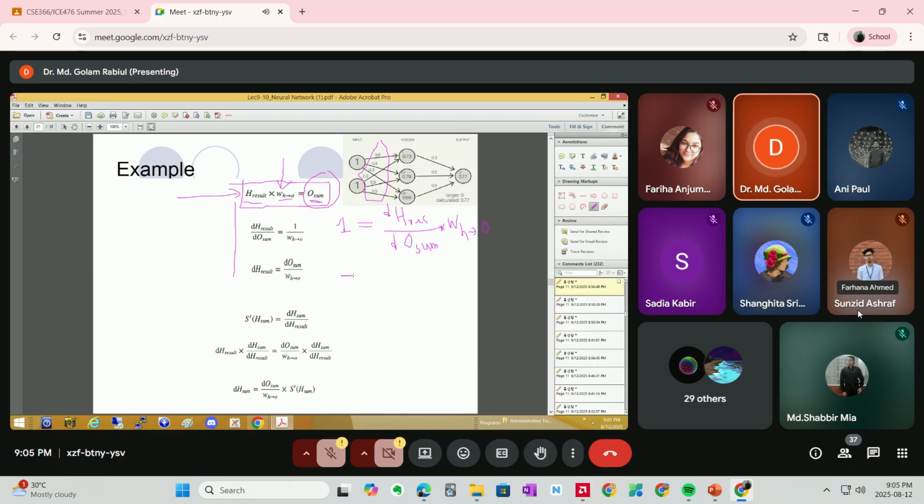Then actually from here we can see we will get 1 by WHO equal delta hidden results divided by delta output sum.